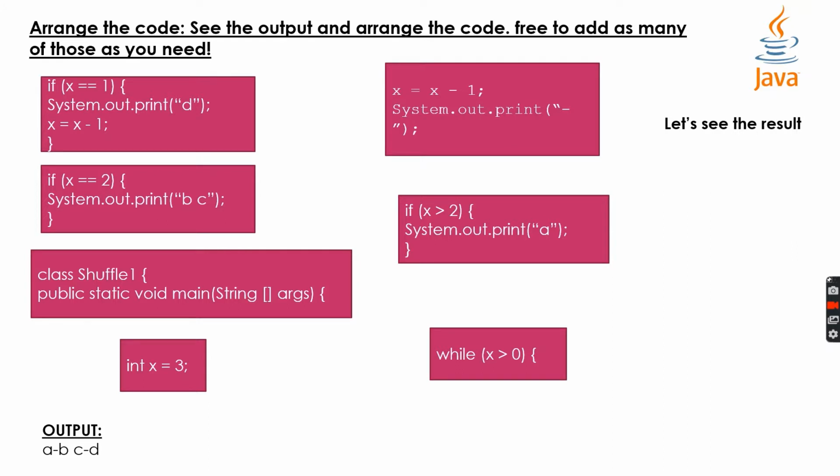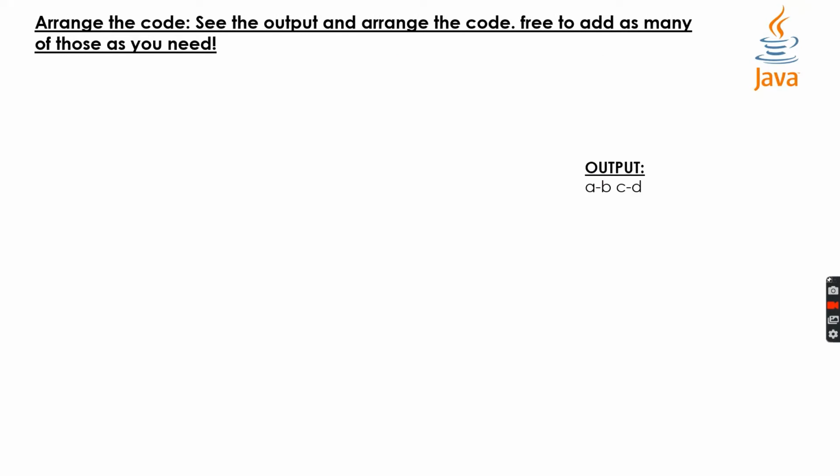A minus B and C minus D. Some of the curly braces fell on the floor and they were too small to pick up, so feel free to add as many as you need. Okay, so let's see the result. Arrange the code to see the output. So this is the output: a minus b and c minus d.